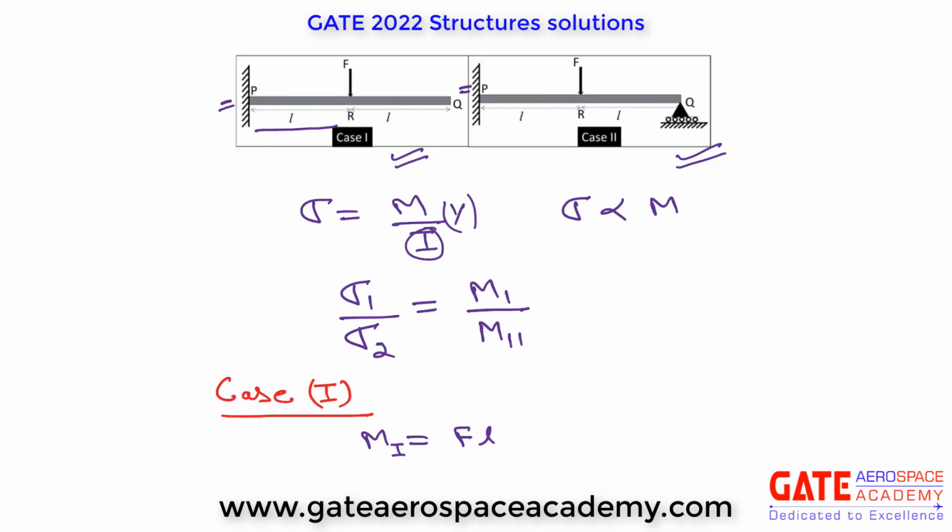Now for case 2, what will be the moment at P? That is equal to F into L minus reaction RQ into 2L.